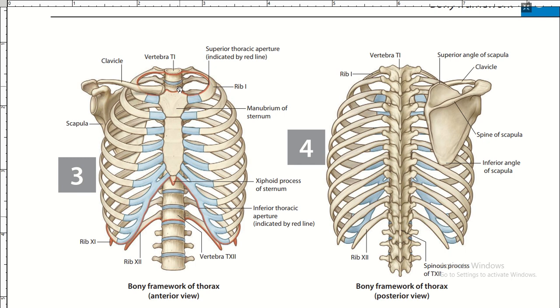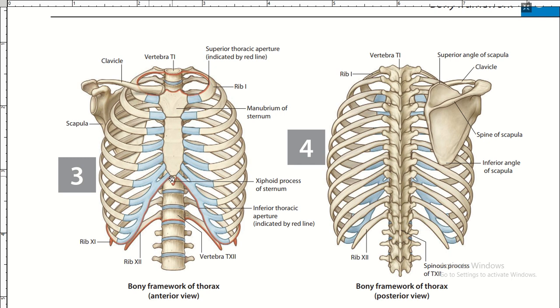Right. So inferiorly, this is your inferior thoracic aperture, which has the following boundaries. So what is the last thoracic vertebra? It is T12. So T12 will form the posterior border of your inferior thoracic aperture.